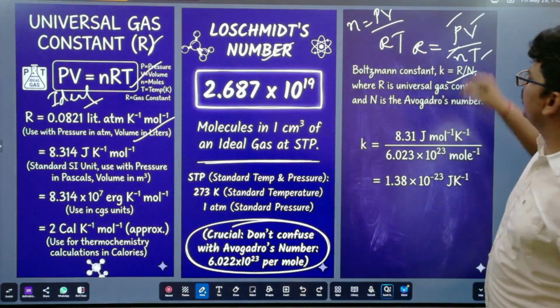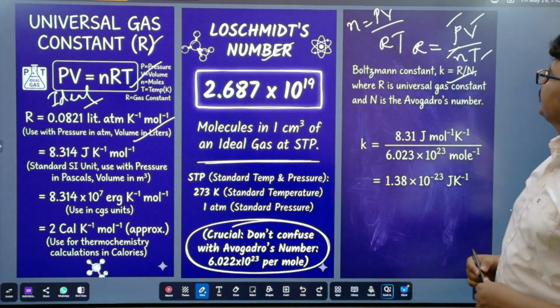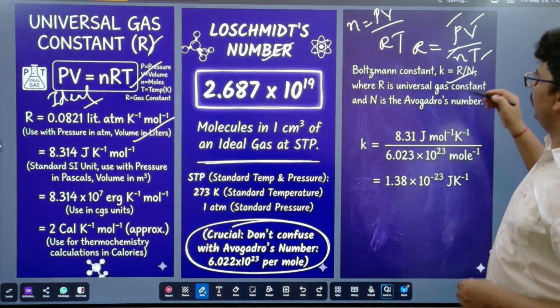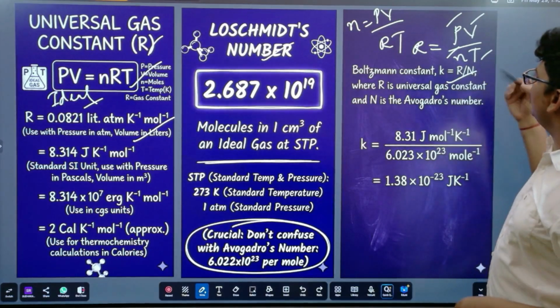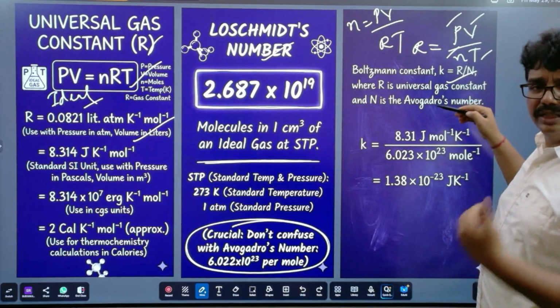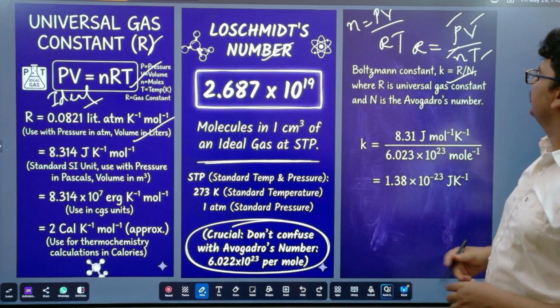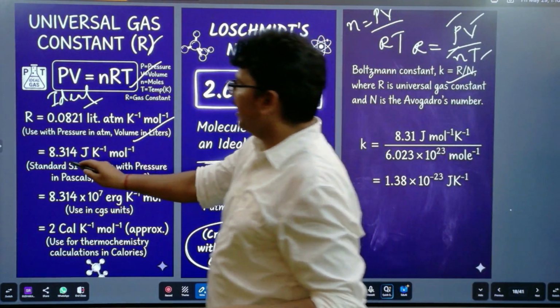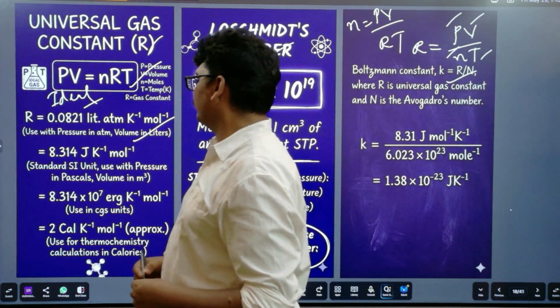If pressure is substituted in SI unit, Newton per meter square or pascals, volume in meter cube, moles in moles only, and temperature in Kelvin scale, we'll get the R value in SI unit, that is 8.314 joules per Kelvin mole.